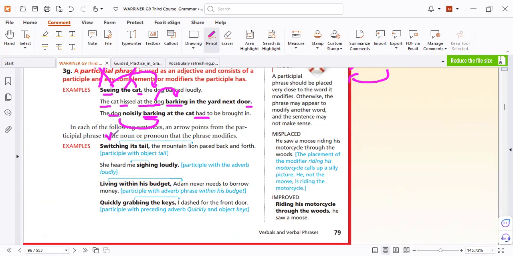The subject of the sentence after the comma. The subject is lion, not mountain. So the lion is switching its tail. And it's for the lion because it's singular, and the lion already has a tail. That's it. But we need a comma. That is a present participle and all of it is a present participle phrase.